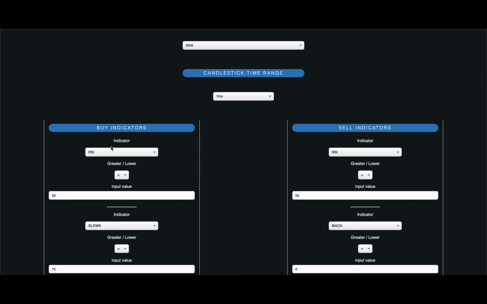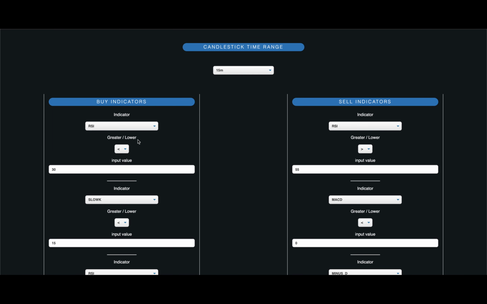Okay, so we have inserted all the values that we wanted. We have picked our indicators and set whether we want each to be greater or lower than the calculated technical indicator for each candle. So this means that if the RSI in that 15 minutes candlestick is less than 30, then you're gonna get a buy signal for that specific indicator.